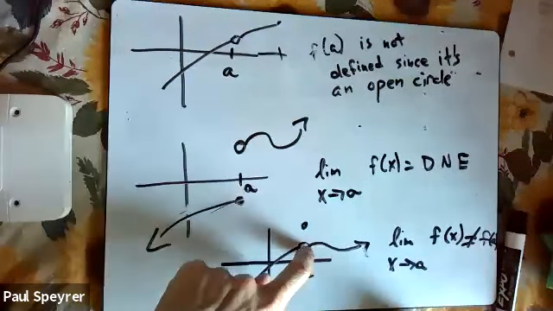And then part C is to label the intervals of continuity.